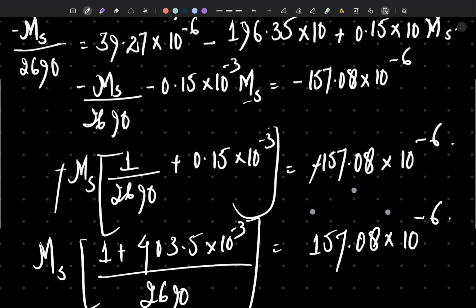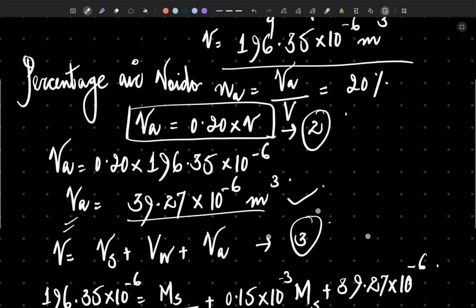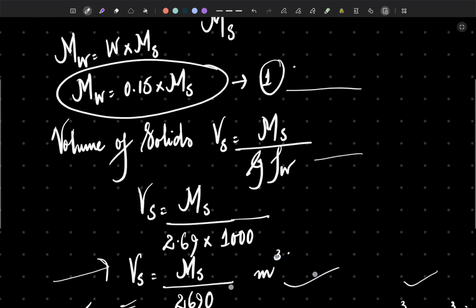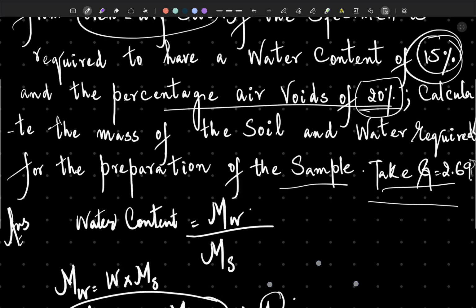Now let's get back to the question and see what exactly we need to find. Calculate the mass of the soil and water required for the preparation of this sample. That means our aim is to find the mass of the soil and the water required for the preparation of this sample.